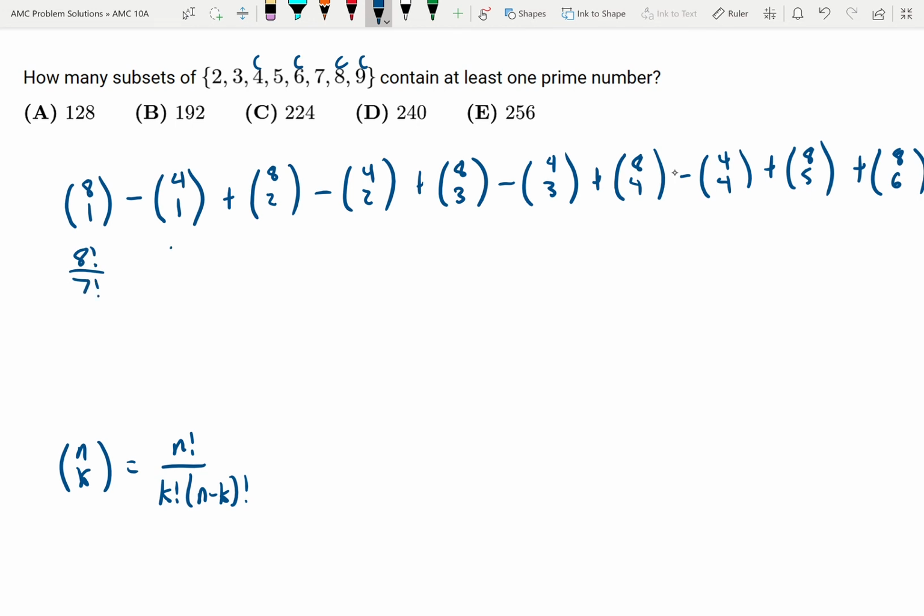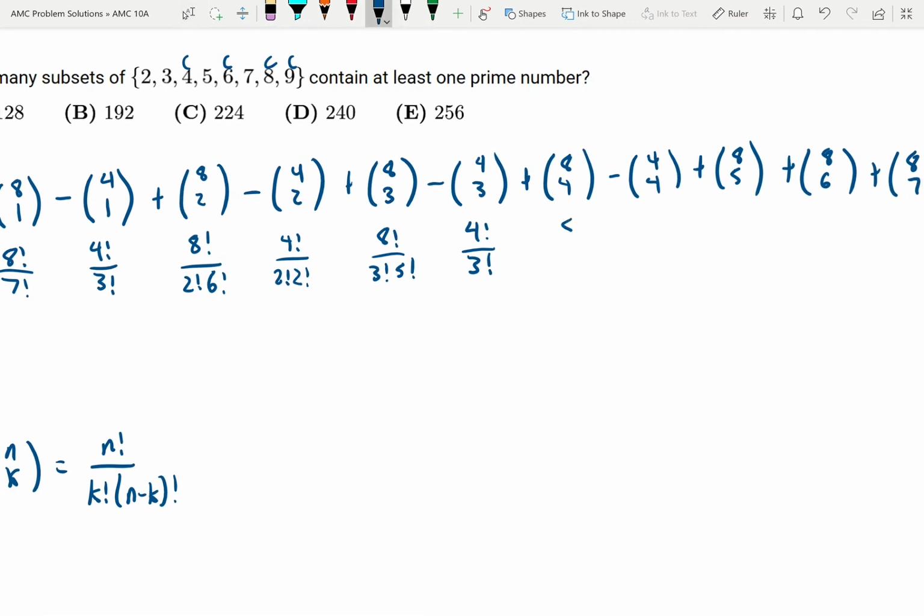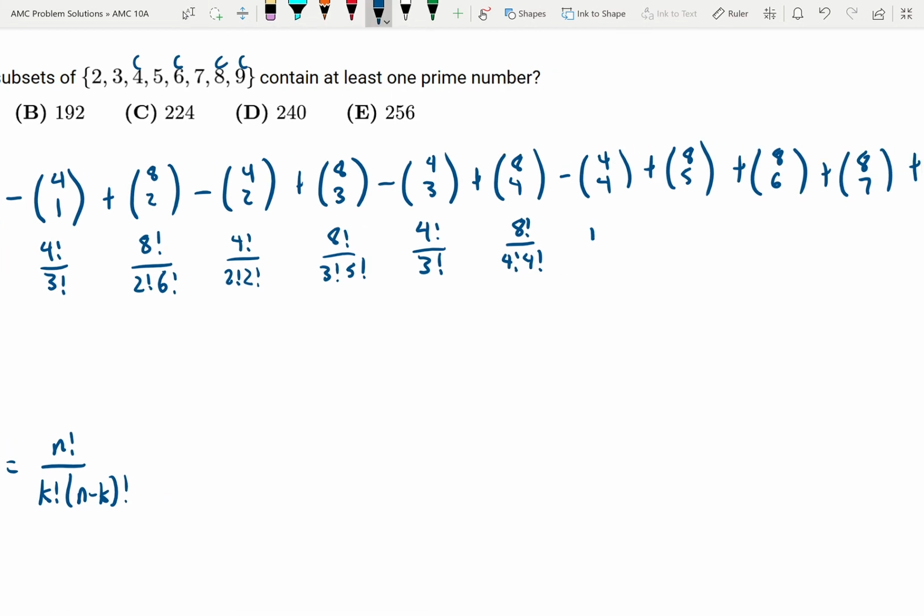This is going to be 4 factorial over 3 factorial, 8 factorial over 2 factorial times 6 factorial, 4 factorial over 2. This will be 4 factorial, 3 factorial. This will be 8 factorial times 4 factorial, 4 factorial. 4 choose 4 is just 1.